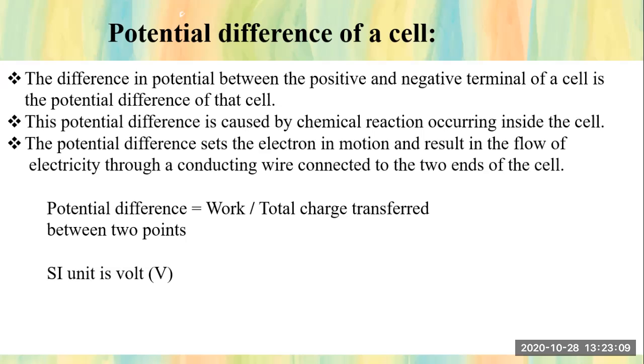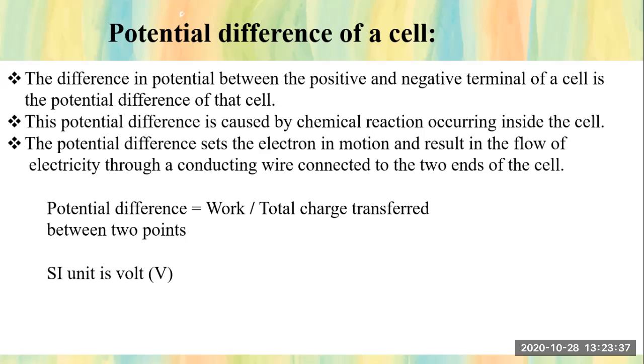Whatever electrons are there, due to this potential difference, they are set into motion. And as the electrons are set into motion, what does it result in? It results in the flow of electricity through a conducting wire, which is connected to the two ends of the cell.